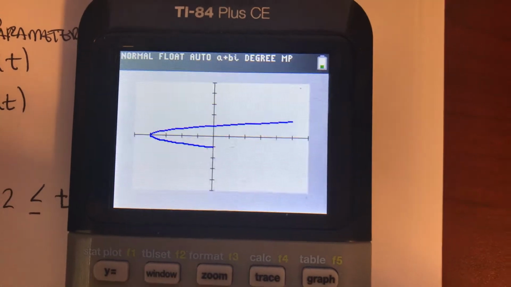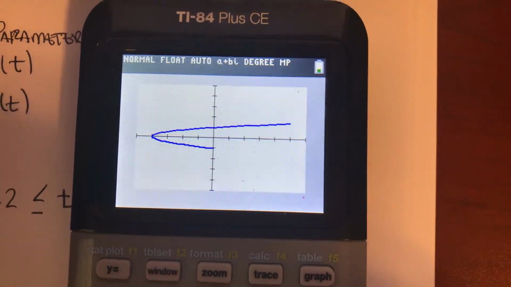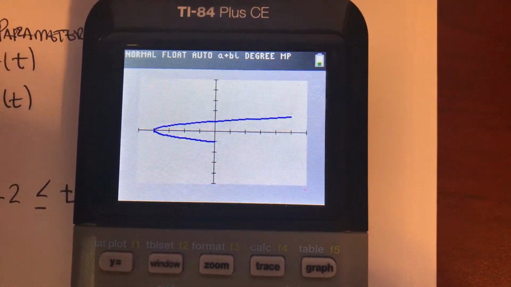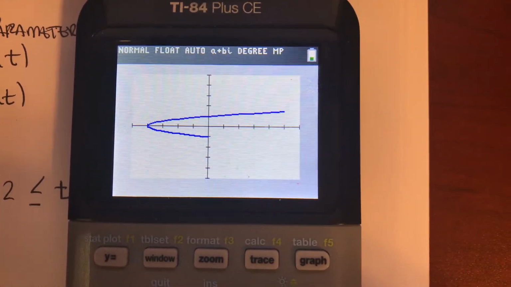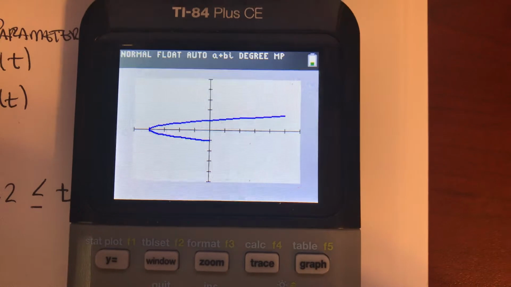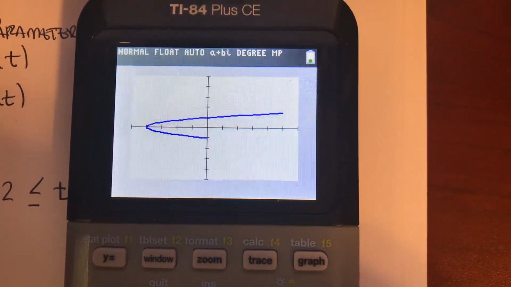So parametric equations are a way to take things that normally aren't functions and make them into functions by adding that extra variable. Okay, now notice this does have a beginning point and an ending point.